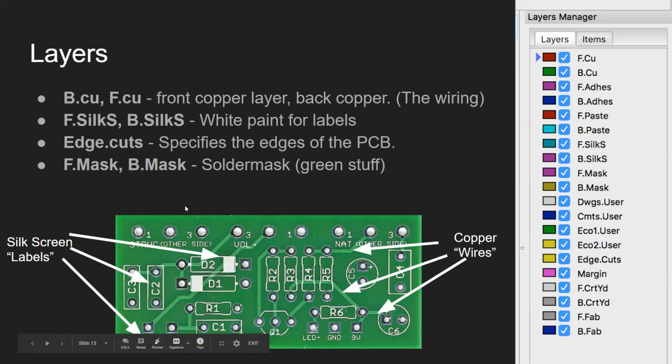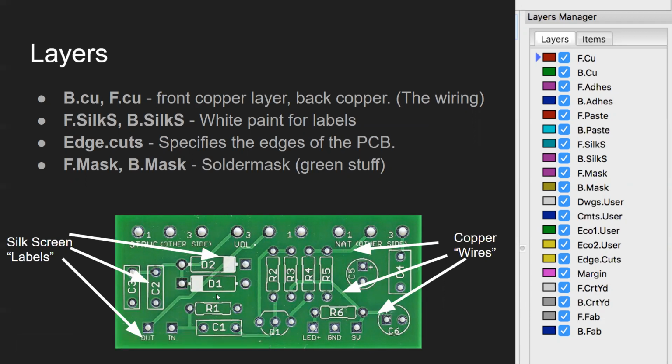Wait, you're pointing at the mask, but you're saying the word silk. Oh no, the front silk is the white stuff. It's like the paint layer on top, the silk screen. But the text is also white. Yeah, that's because it's on the silk screen layer.